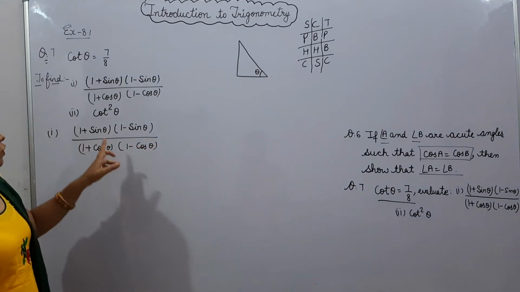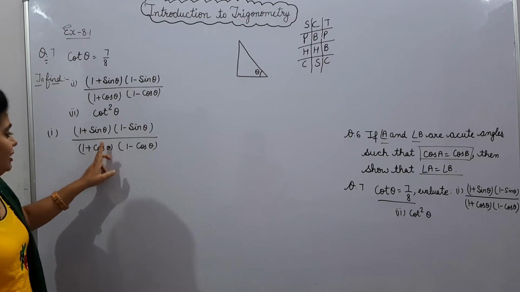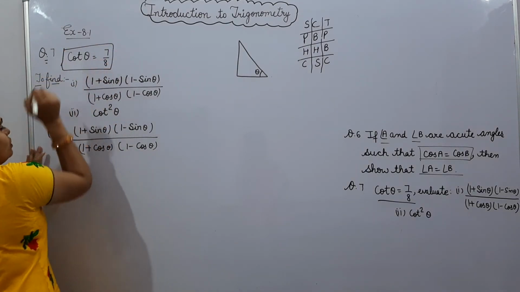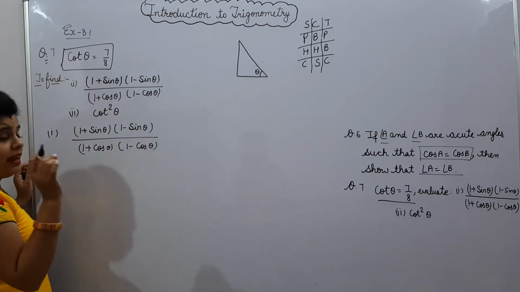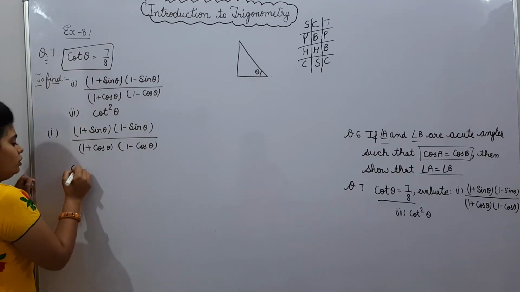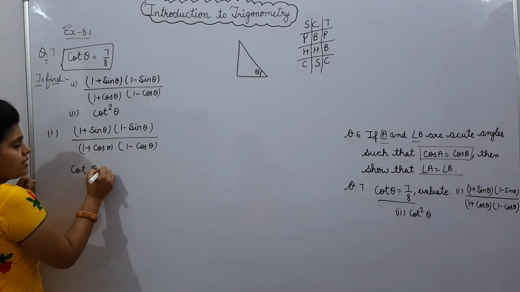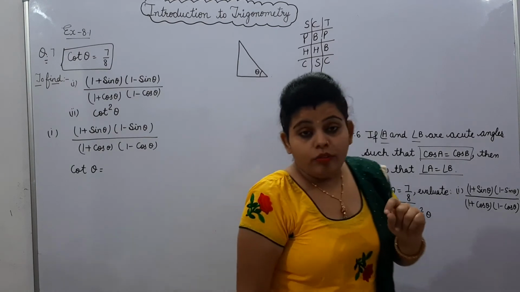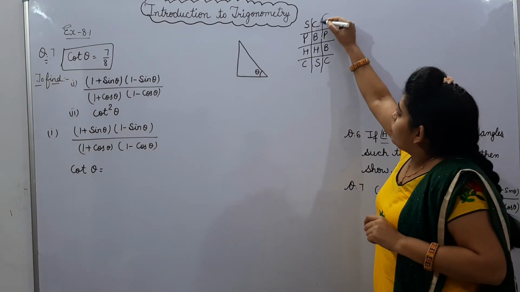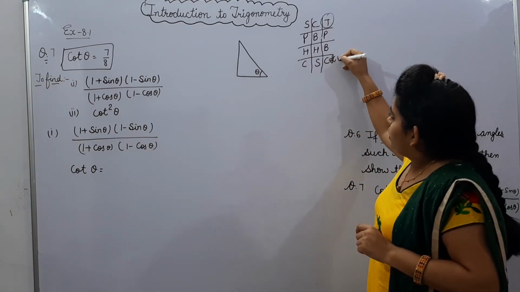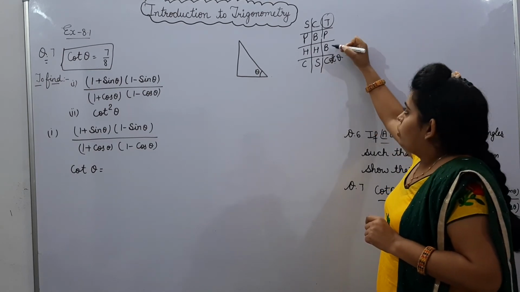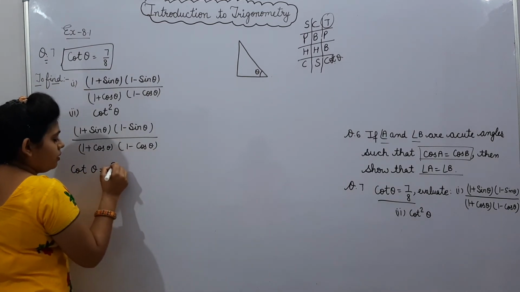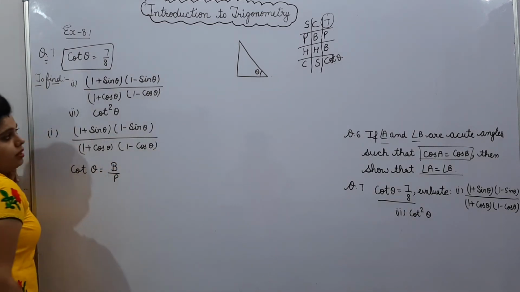Yes, beta, first of all we have to find the value of sin θ and cos θ using this cot θ, which is equal to 7 by 8. As we know, cot θ is equal to base upon perpendicular, as cot θ is the reciprocal of tan θ.